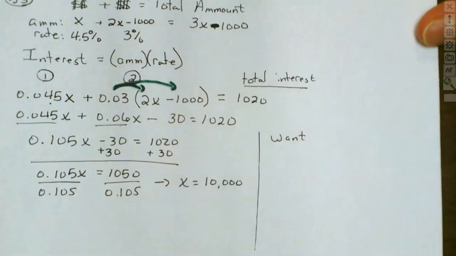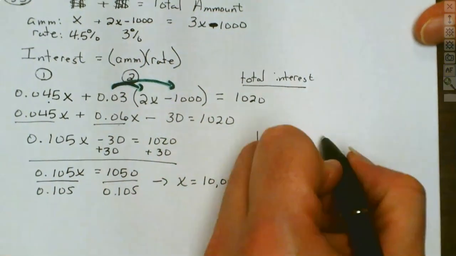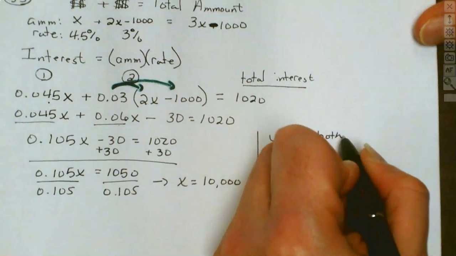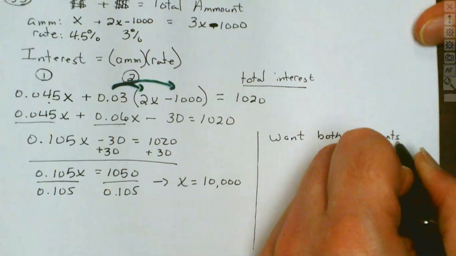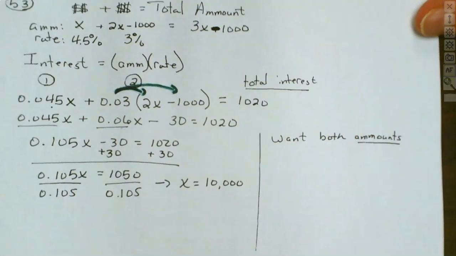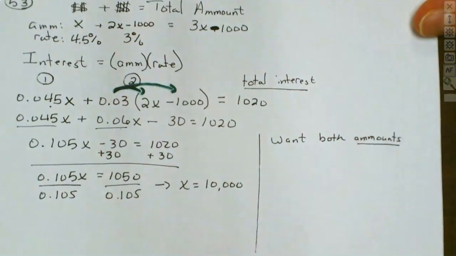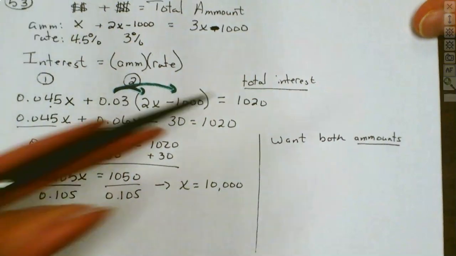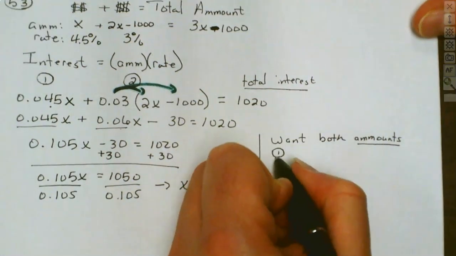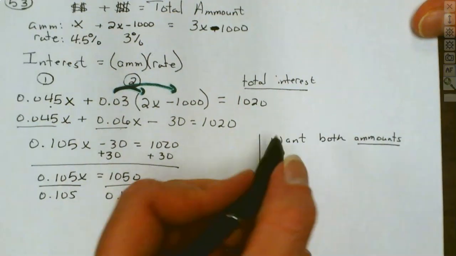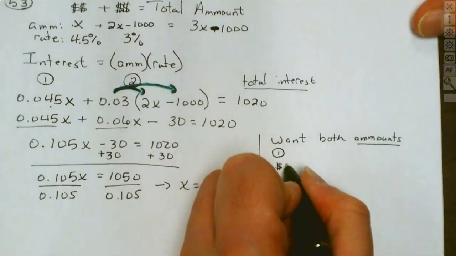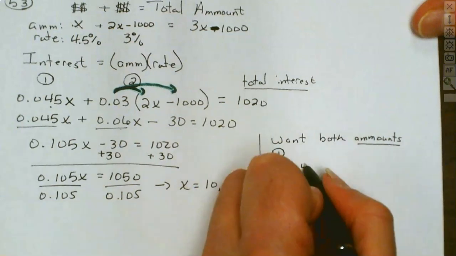Well, what we want is we want both amounts. So we need to make sure that we can get both amounts. Now the first one, when we look at our first one here, its amount was x, and we found x to be 10,000.